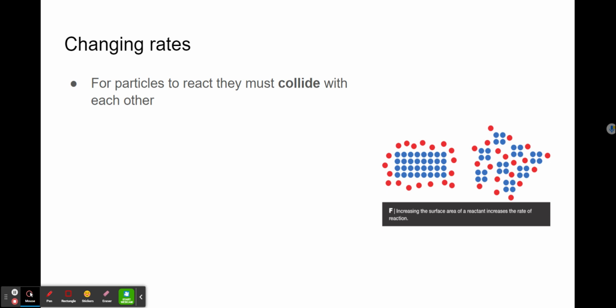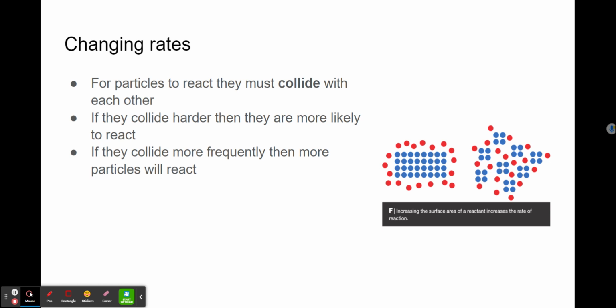If they collide harder or with more energy, then they're more likely to react. If they collide more frequently, then more particles will react. So we can make the reaction faster by either giving the particles more energy to collide harder, or we can get them to collide more frequently.